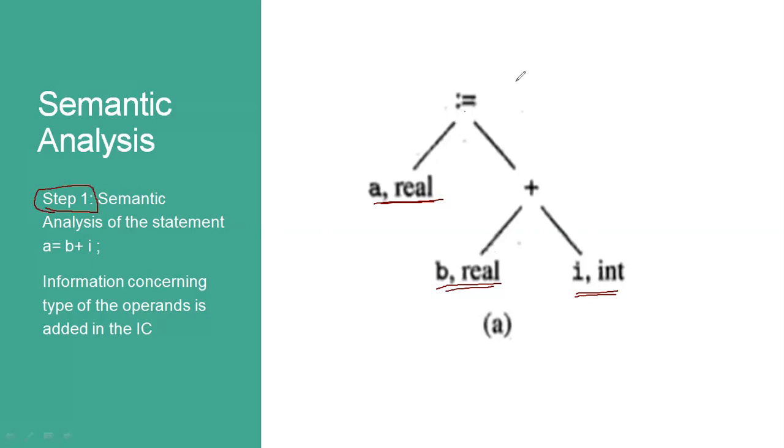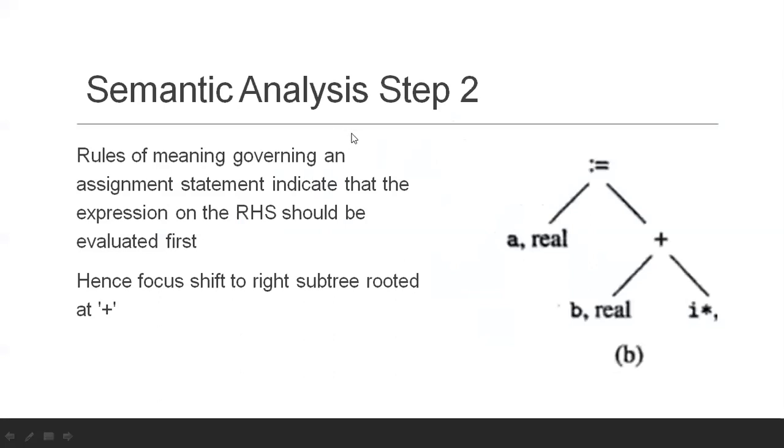Now let us see what is step 2. Semantic analysis step 2. Now here the rule of doing the assignment operation is perform RHS first. So now to perform RHS, focus is shifted to the RHS.